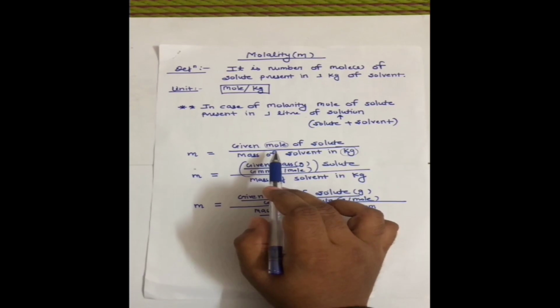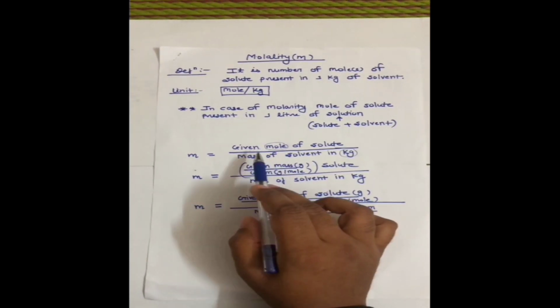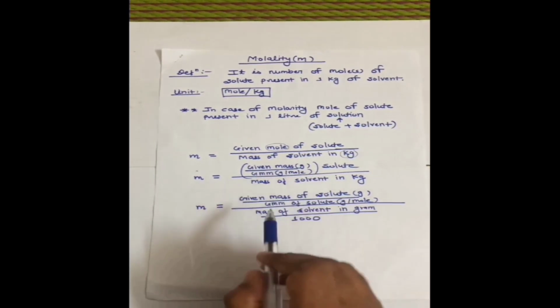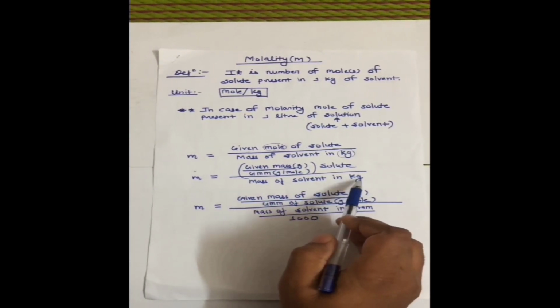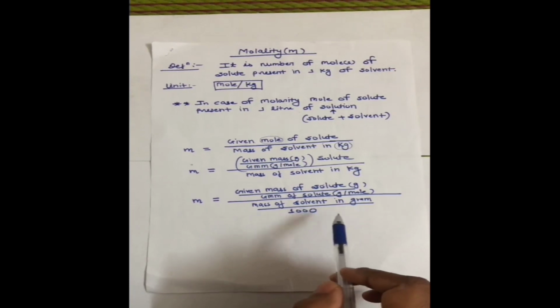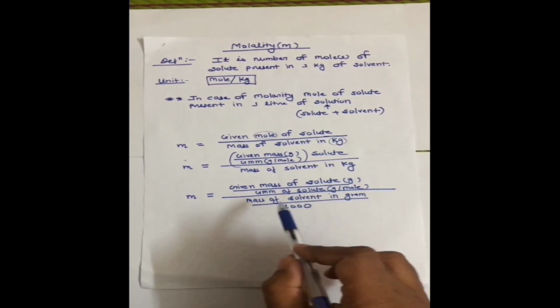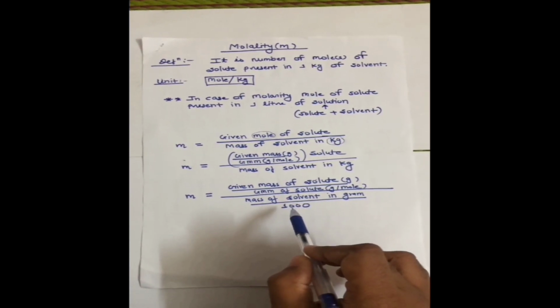Again, the same scenario: given mole is given mass divided by GMM of solute, and mass of solvent in kilogram. If the mass of solvent is in gram in the question, then we have to further divide by 1000.